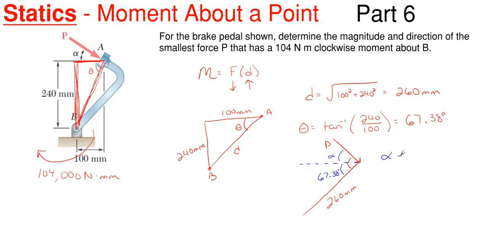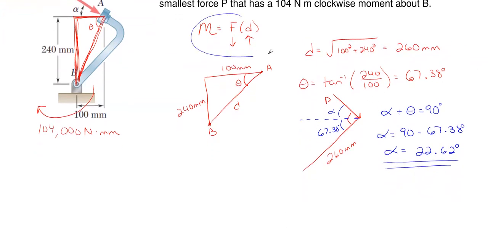So in total, alpha plus theta needs to equal 90 degrees for that perpendicular dimension to occur between P and point B. That means our alpha would be 90 minus 67.38 degrees, which is 22.62 degrees. And there's one of my answers. The equation up here dictates our maximum perpendicular distance, and because it has to be at 90 degrees, that also dictates what alpha has to be.